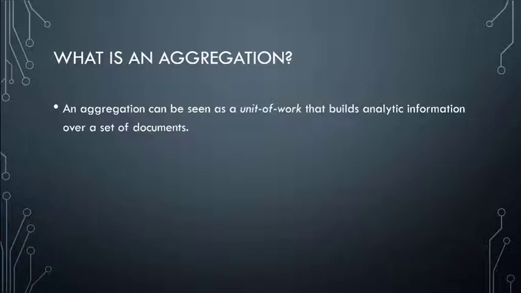Or if you're searching for prices from a product database, an aggregation could be what the highest price is or what the average price is. This is what analytic information from your set of documents means.